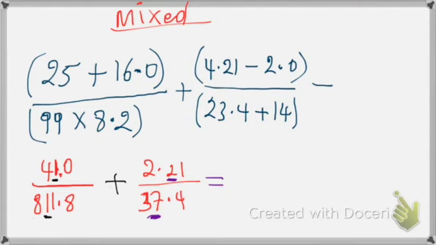Now I'm going to do my next operation. So I'm going to do 41 divided by 811.8. What would that number be? It's 0.05 and it just continues on, 0505.